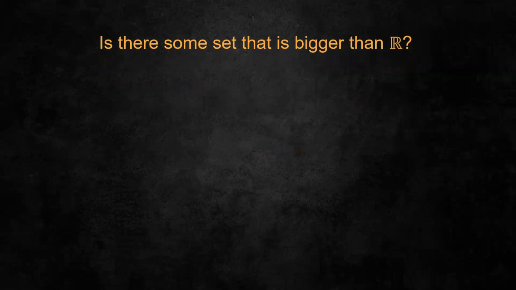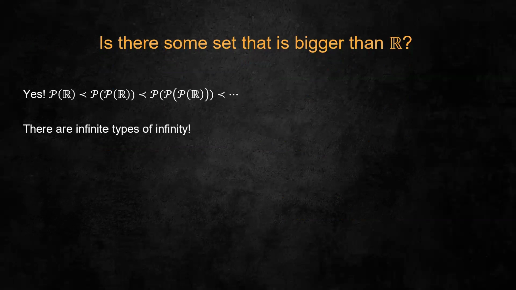Yes. The power set of the real numbers, and then the power set of that, and then the power set of that. So there are infinite types of infinity, and each one has more elements than before.